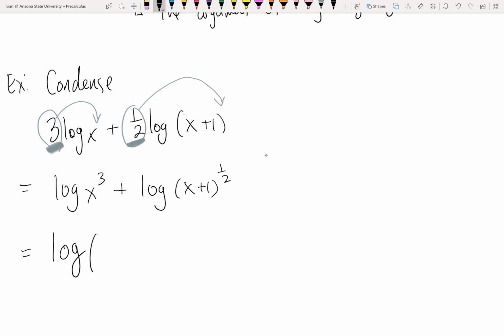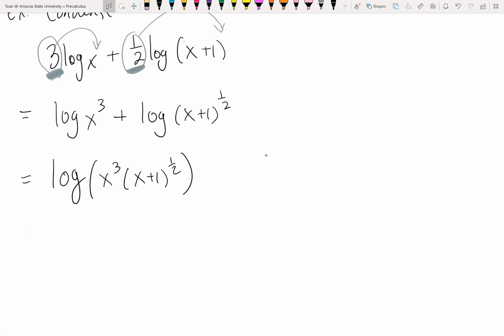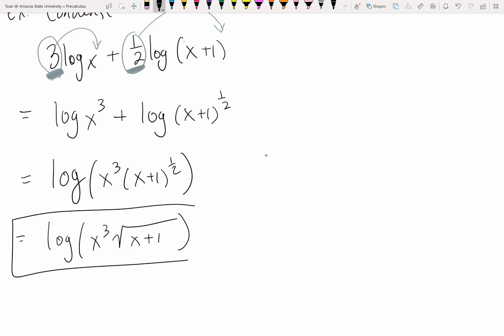According to the property, everything's going to be multiplied by each other, so it's going to be x cubed, x plus 1 to the 1/2 power. There you go. Technically, you condensed it. Your final answer is one giant log. If you want to be fancy, you know that the 1/2 exponent is just the same thing as the square root. I will admit, this does look a little bit cleaner and nicer.